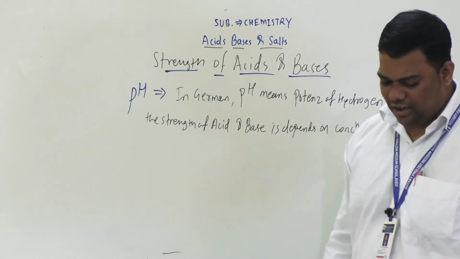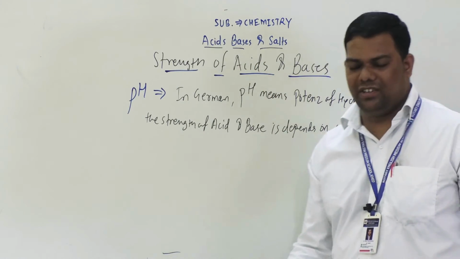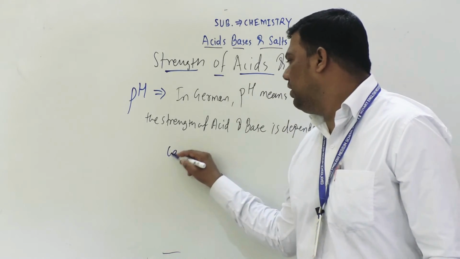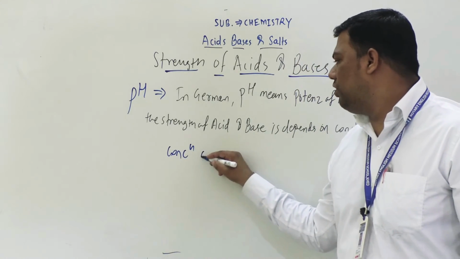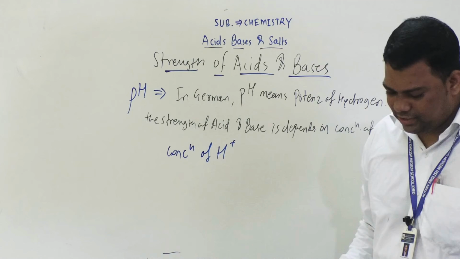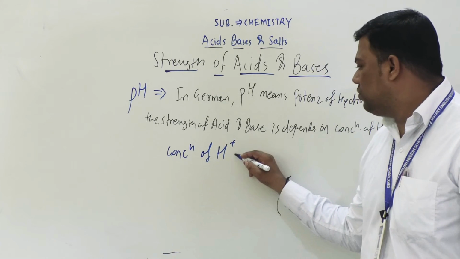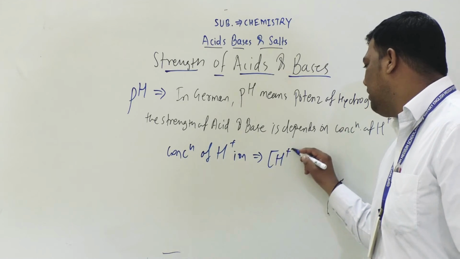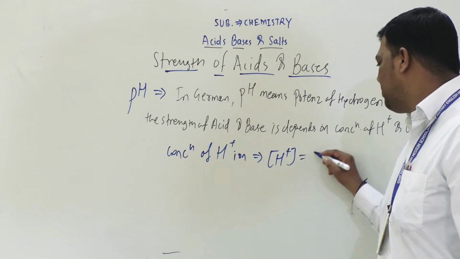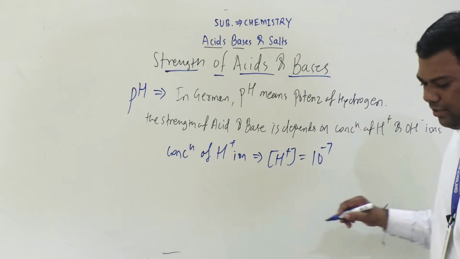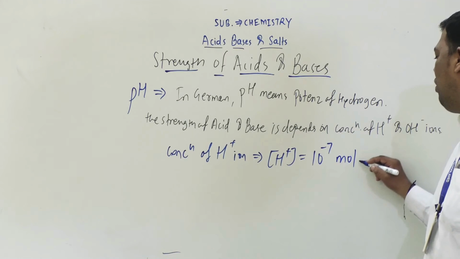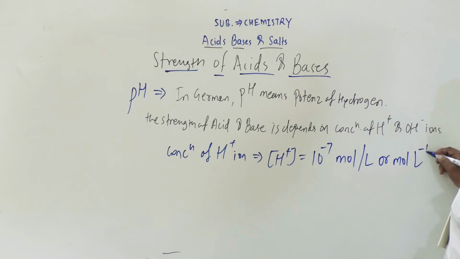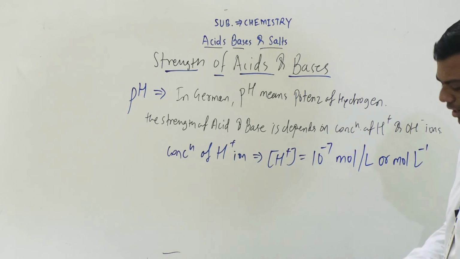For pure water or a neutral solution at 25 degrees Celsius, the concentration of H plus is 10 raised to minus 7 mole per liter, or mole liter inverse.